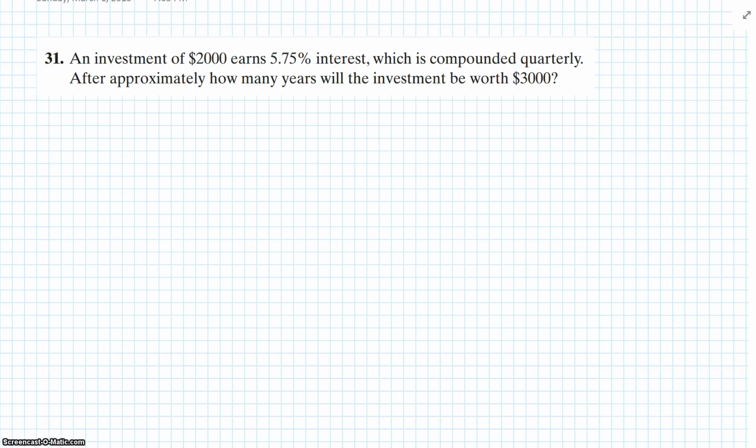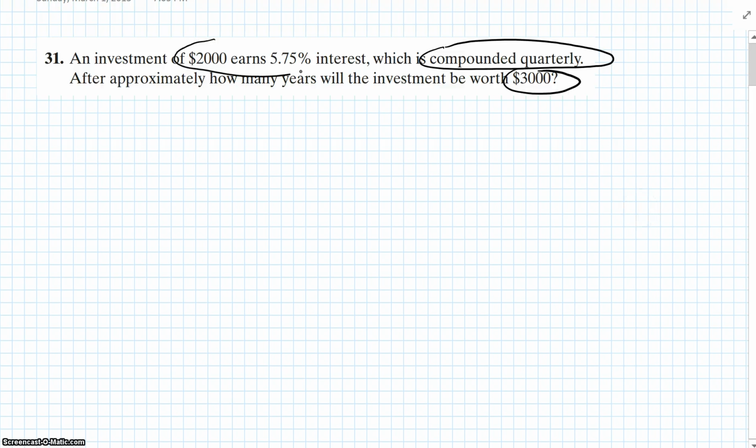An investment of $2,000 earns 5.75% interest, which is compounded quarterly. After approximately how many years will the investment be worth $3,000? So we can go A equals P times 1 plus r over n to the nt power.